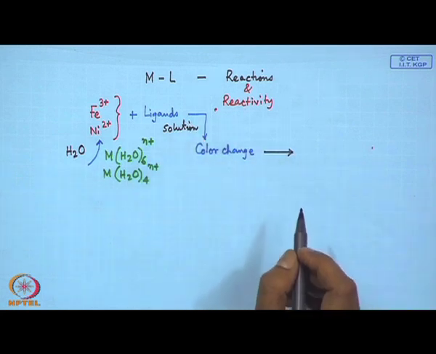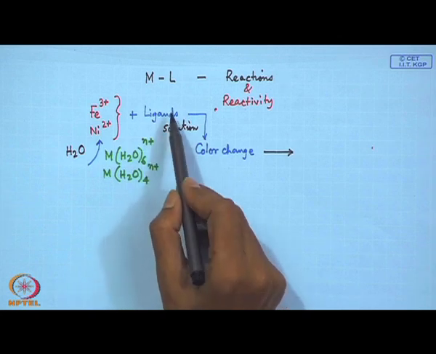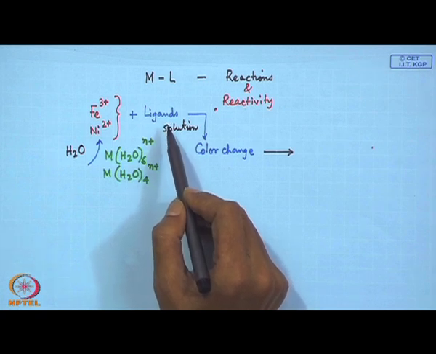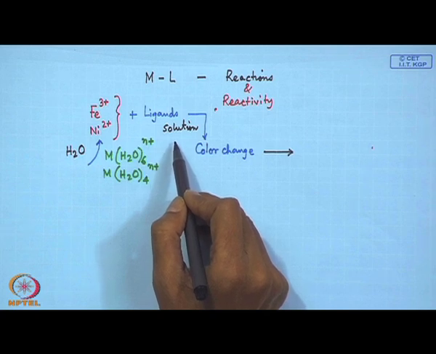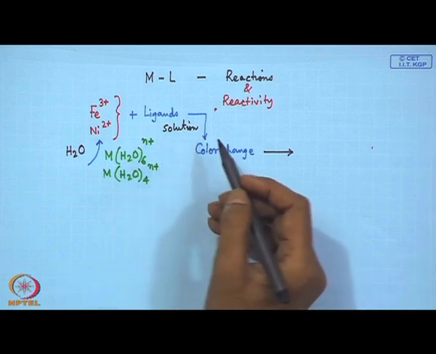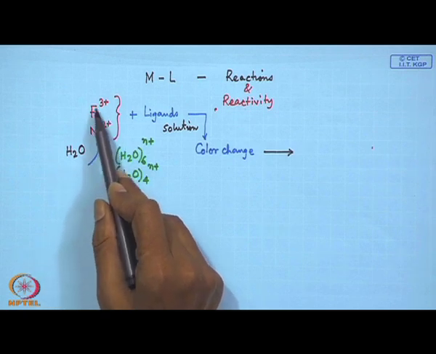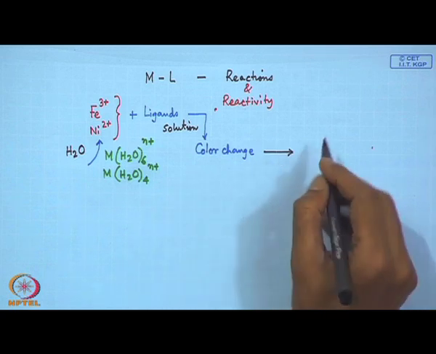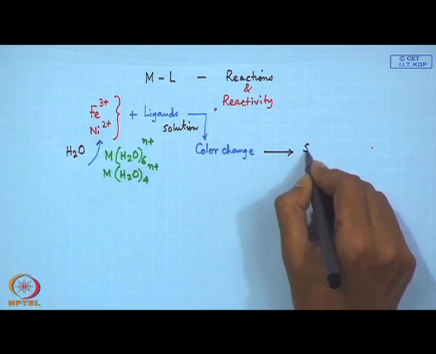Sometimes, if some big organic molecules are the ligands, such as bipyridine or orthophenanthroline, they are soluble in non-aqueous medium such as alcohol or acetonitrile or dichloromethane. In that case, if we add the aqueous solution of the metal salt, there will be a color change, and after some processing of that solution we ultimately get the solid product.